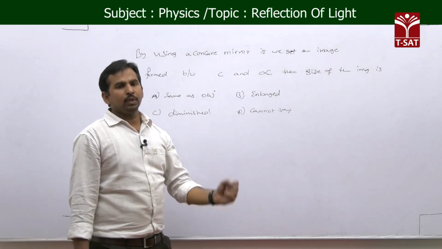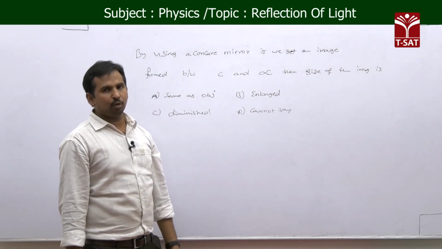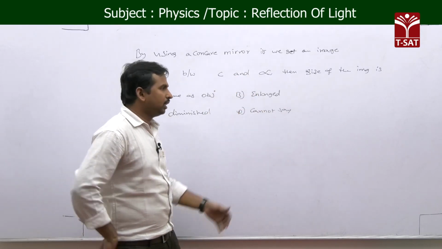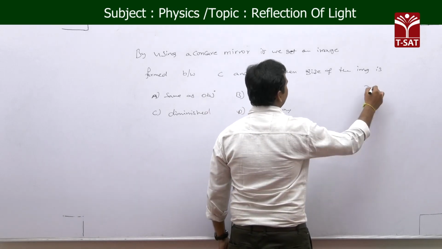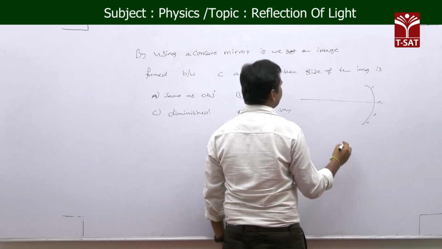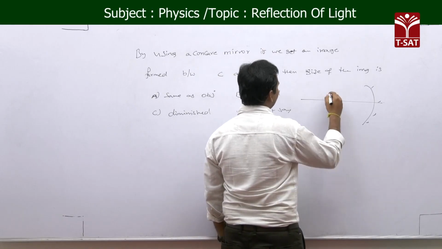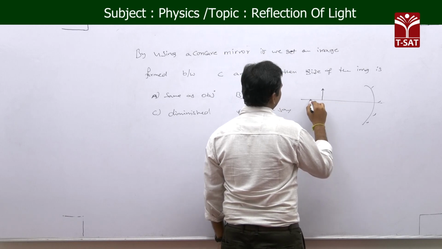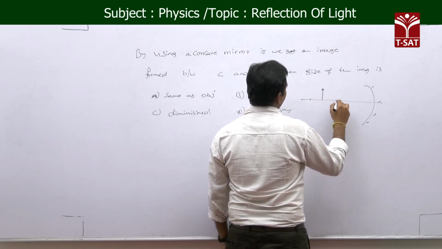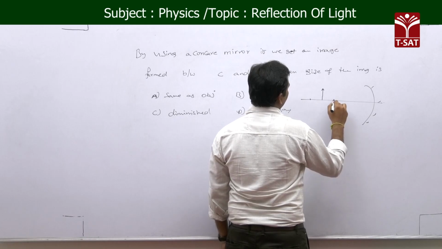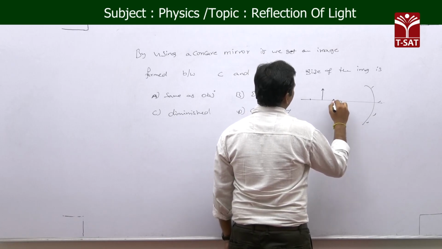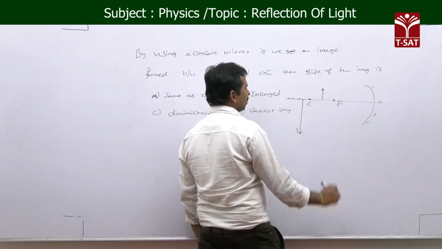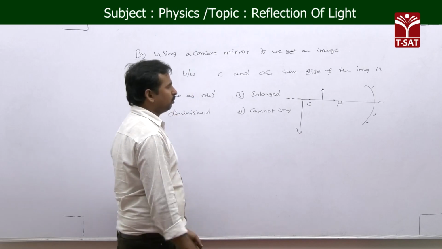If you go through the image characteristics formed by this concave mirror, the image is formed between C and infinity when the object is placed between C and F, like this.